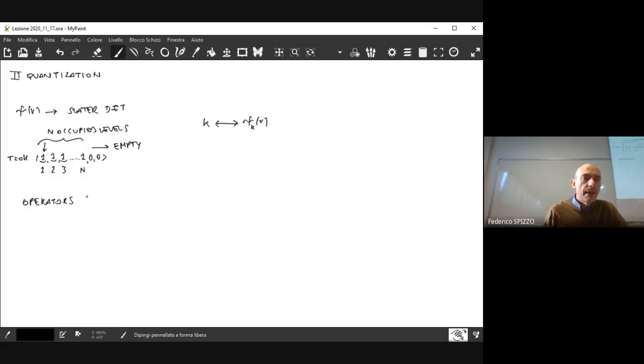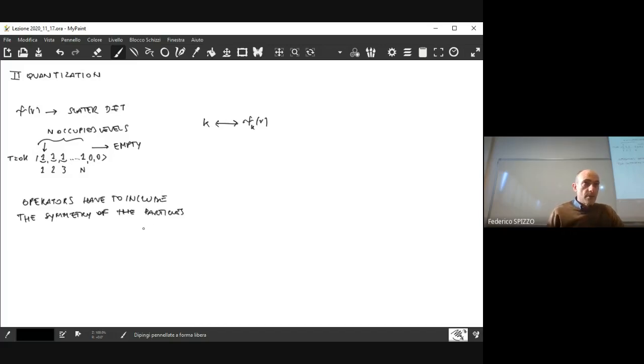that are able to be applied to a state of the system that is described by a vector like this one here. And those operators have to include the specific symmetry that corresponds to the particles we are investigating.